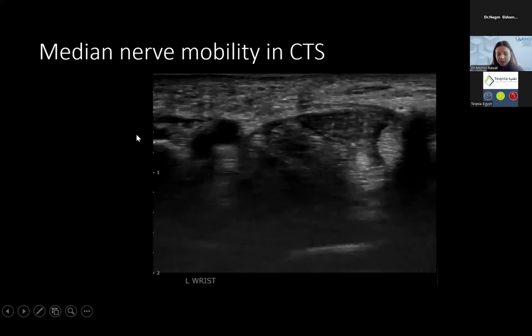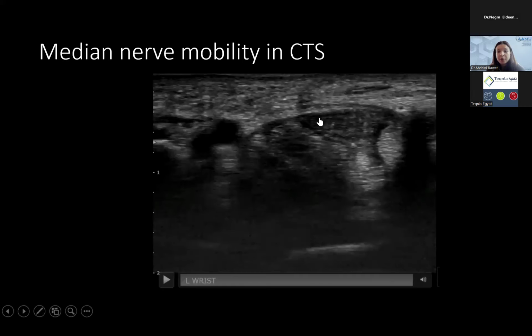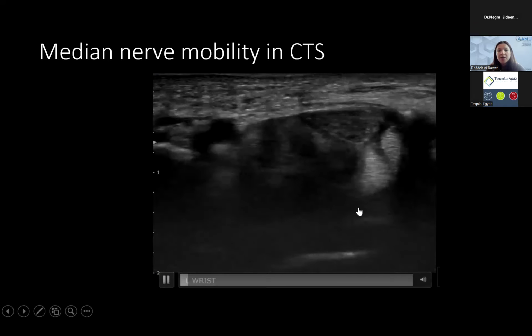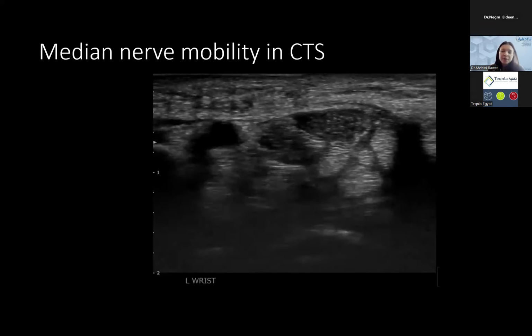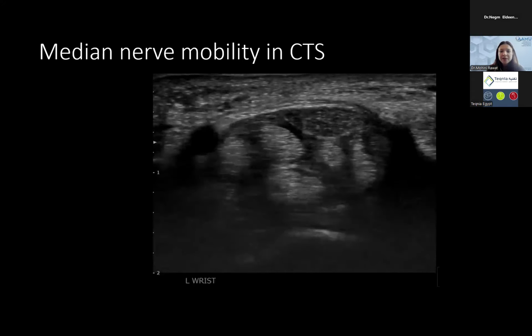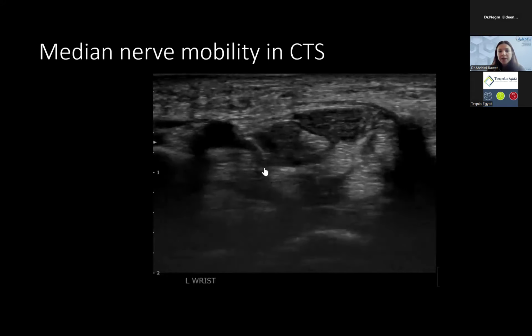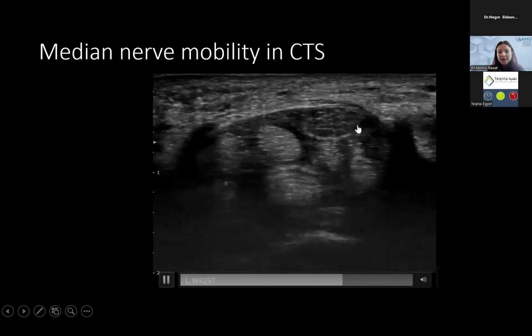Now let's look at a carpal tunnel where there is carpal tunnel syndrome, and you can see the nerve is so swollen. It's enlarged, it's swollen. If we ask this patient to flex their fingers or make a fist, this is the movement you get. Looking at the previous clip, you can see that the median nerve is hardly moving here. The movement is mostly from these tendons.